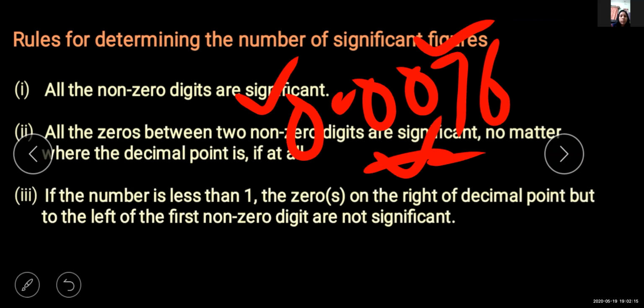So here we have two significant digits. I hope this is clear to you.